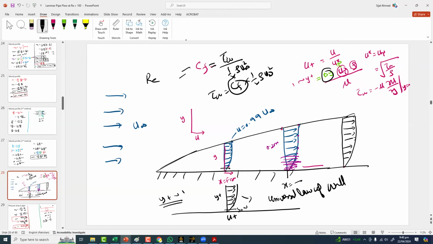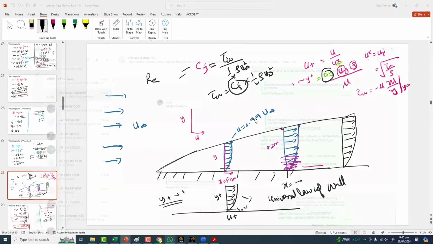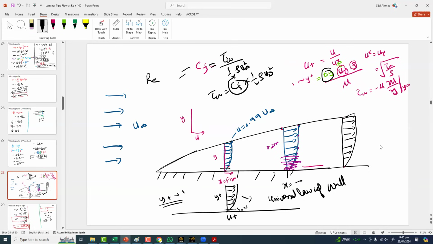So this is the theory about y plus and u plus. We see this in turbulent flows, but this is the idea about y plus and u plus.